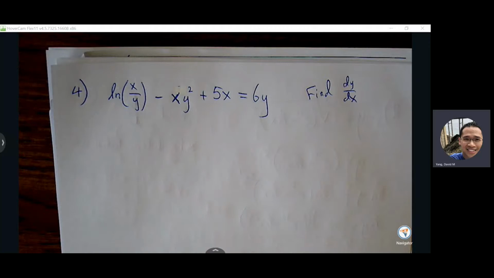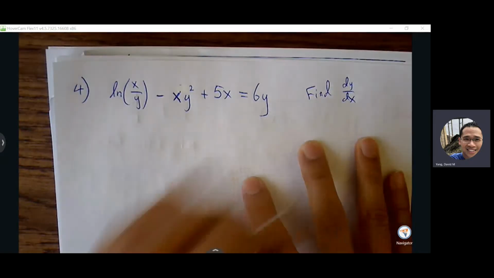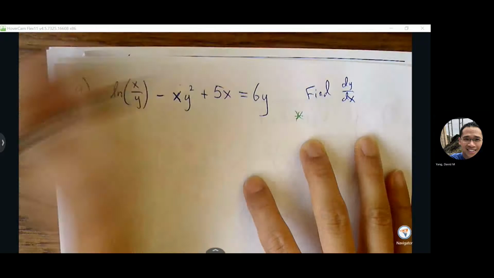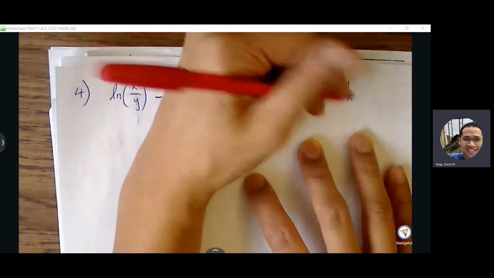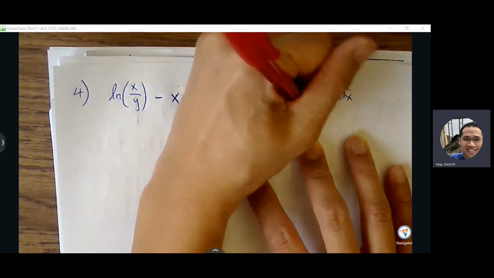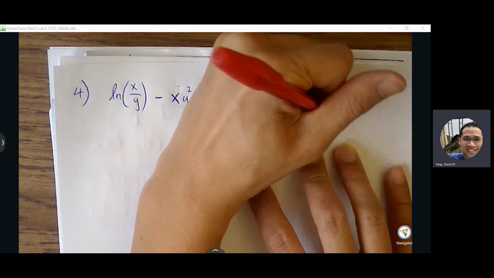Okay, can you list out what's necessary in order to work through this problem? What do you see? Okay, so definitely implicit, right? You got y's all over the place. What else?